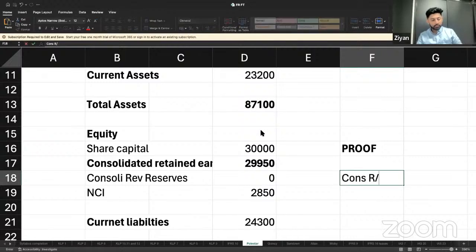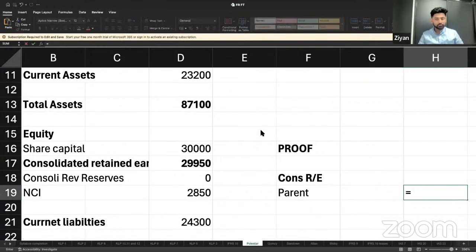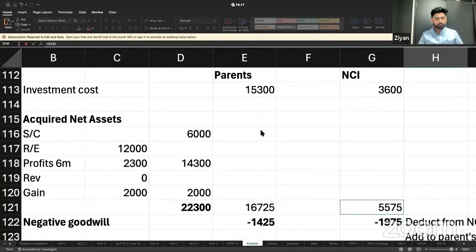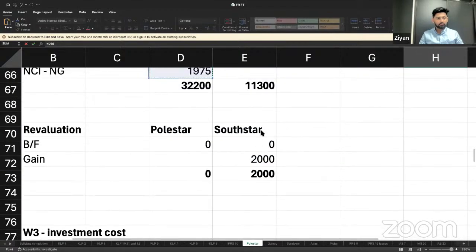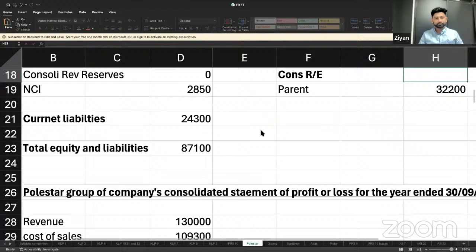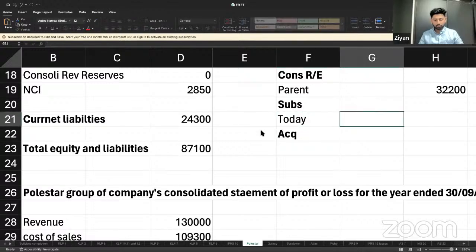Consolidated retained earnings, in the exam I don't want you to do it. You take parent's retained earnings. How much is parent's retained earnings? $32,200. And then subsidiary today and at acquisition.